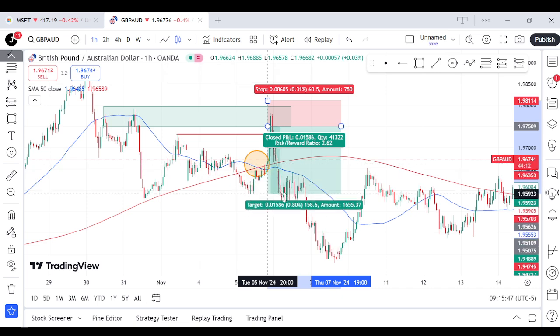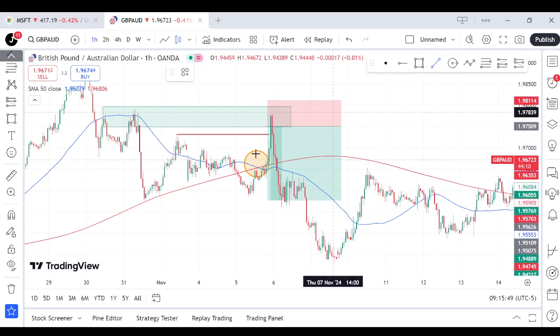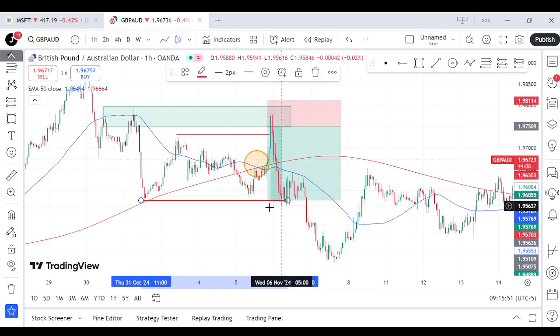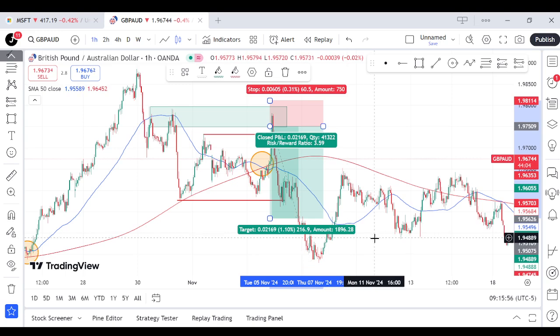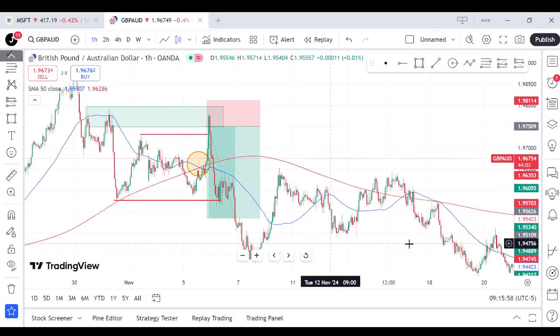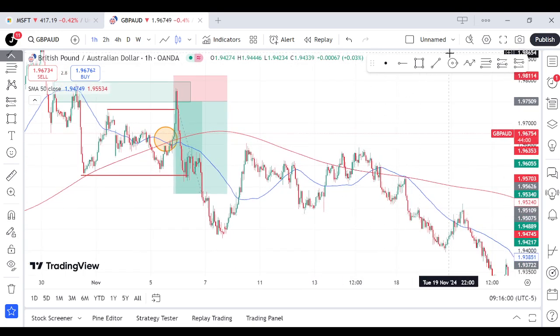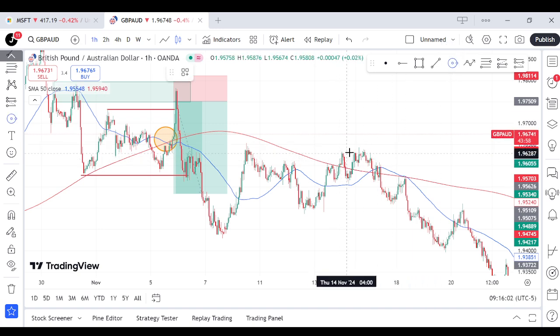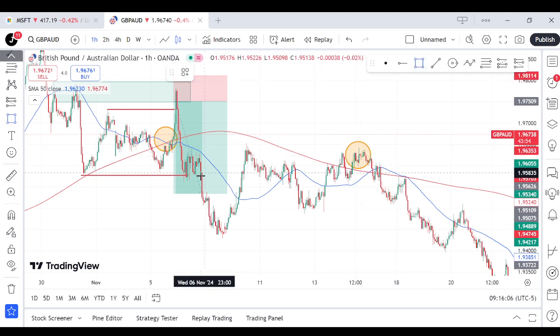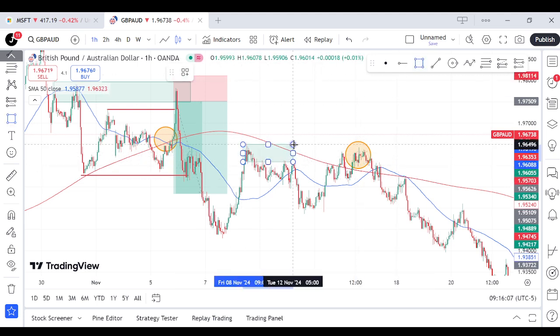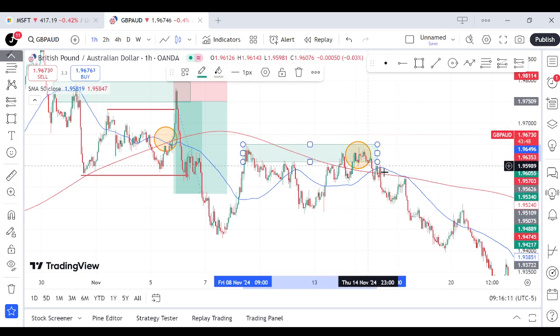I'm going to take profits at major support levels like this one, or I could just target a 1:3 fixed risk to reward ratio, and we can use the 200-day moving average as major support level, major resistance level in this case.